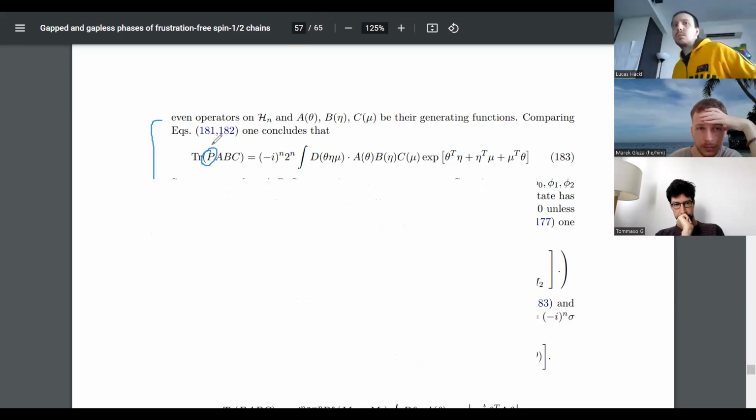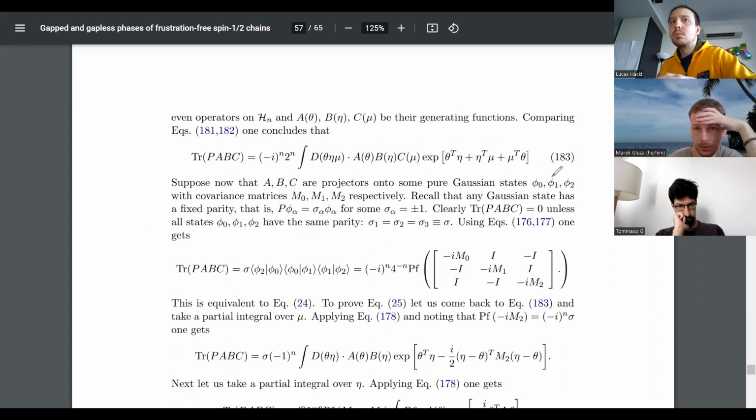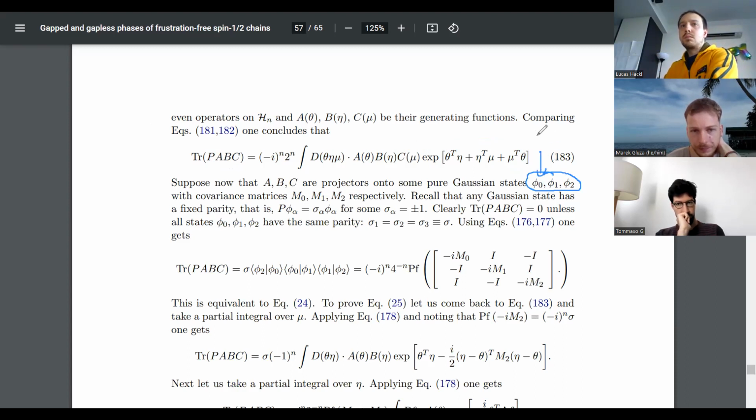I have three operators plus the parity, and this can be done by taking those generating functions, as they call them here, and integrating it with this contraction kernel, and this gives us a trace over three different operators. So the next thing is to say that those A, B, C are those projectors onto the Gaussian states phi 0, phi 1, phi 2. And phi 0 will be playing the role of a reference phase. And phi 1 and phi 2 are actually the Gaussian states of interest. That's the notation in this paper, as far as I remember correctly.